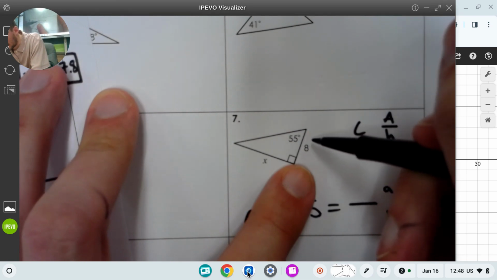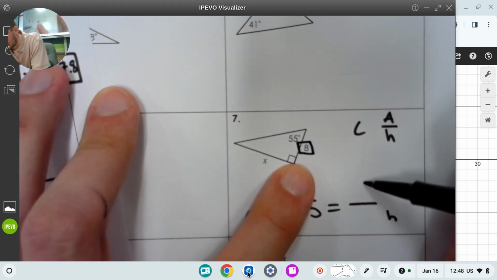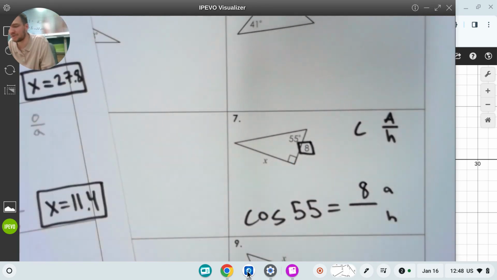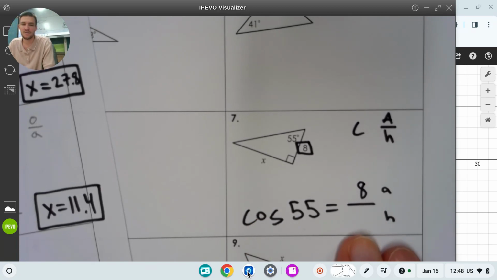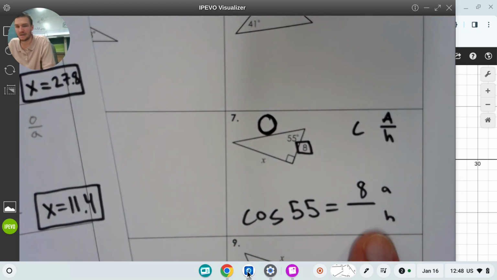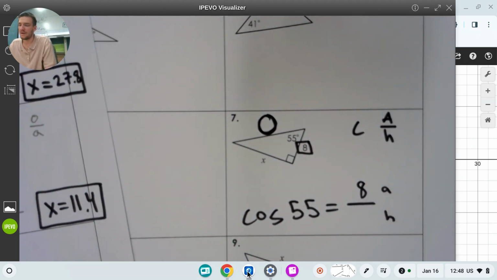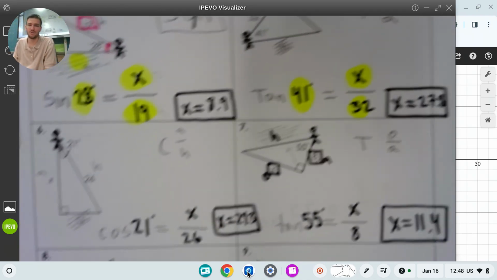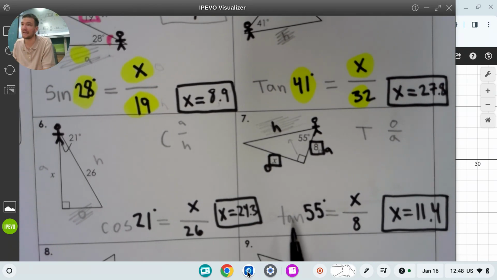And we say, okay, well, the adjacent is 8, and the hypotenuse, once you get this far, it's like, wait a second, the hypotenuse is up here. How do you know it's cosine? I don't know. So for this question, it's not cosine. This is literally the question that we're doing right now, number 7, which should be tangent, right?